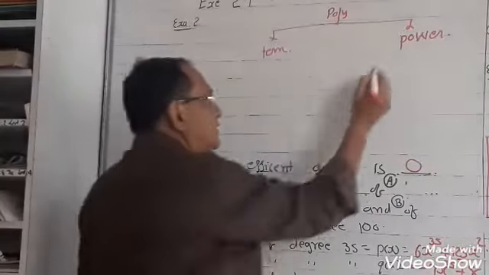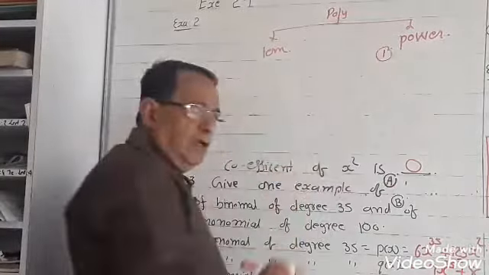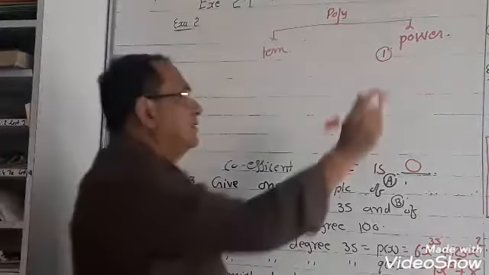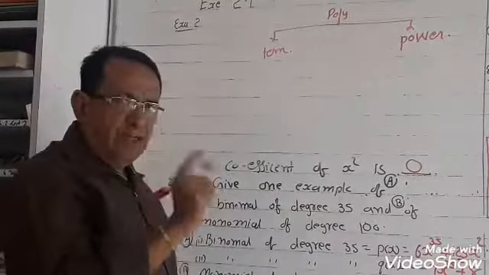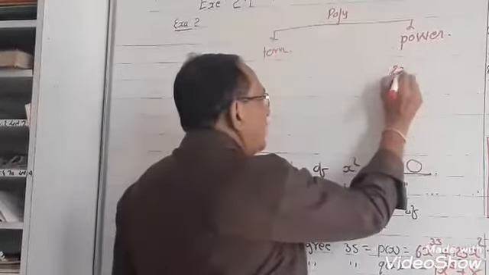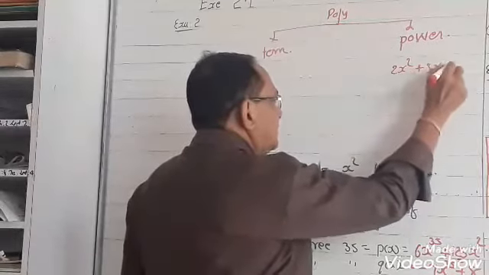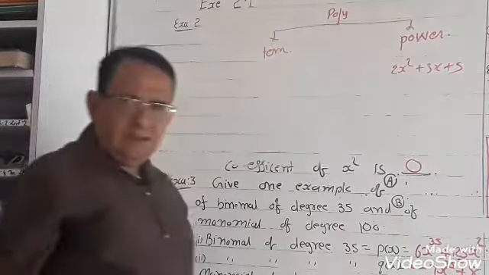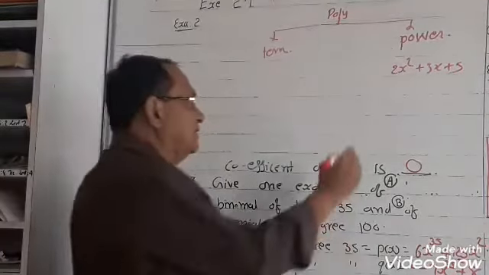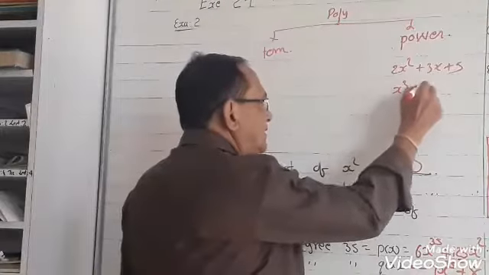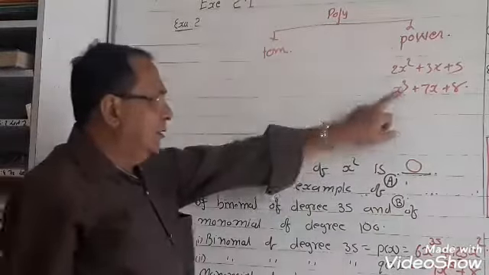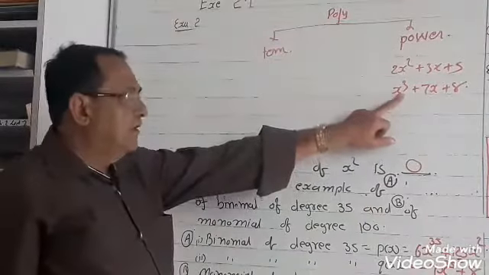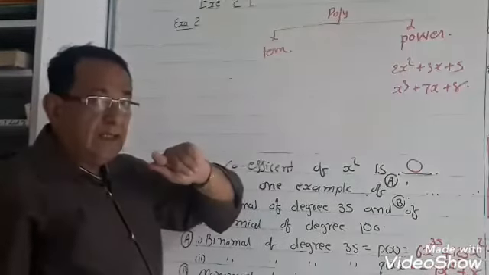If the degree of the polynomial is 1, then it is a linear polynomial. If degree 2, like 2x square plus 3x plus 5, then it is a quadratic polynomial. x cube plus 7x plus 8, cubic polynomial. If the degree is 3, then it is cubic.